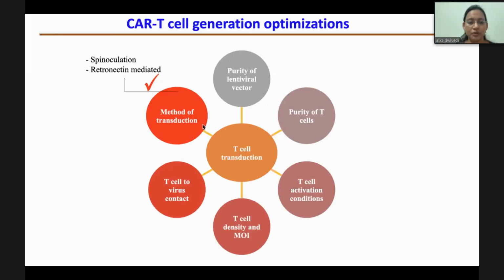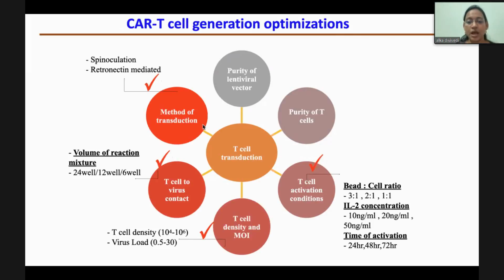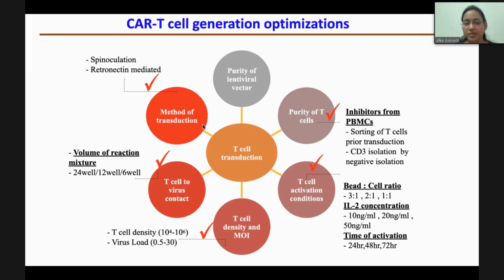We optimized these two methods, and finally we chose spinoculation. We also optimized the reaction volume and which plate to use, then the cell density and the MOI to get good transduction efficiency, the bead to cell ratio suitable for activation, the IL-2 concentration, and the time of activation. Multiple steps we have optimized.